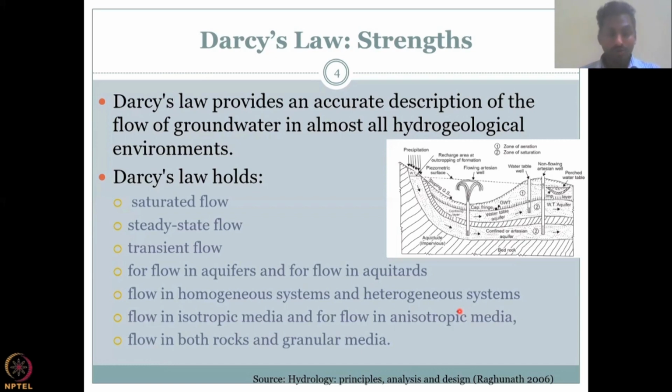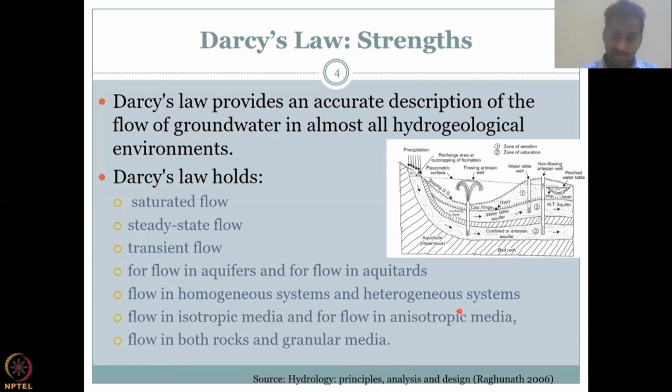We can also do flow in isotropic media and flow in anisotropic media. Please remember what the difference is. In isotropic media, Kx is equal to Ky is equal to Kz. It doesn't change. However, in an anisotropic medium, Kx, Ky, and Kz need not be the same, and the changes between two points need not be the same.